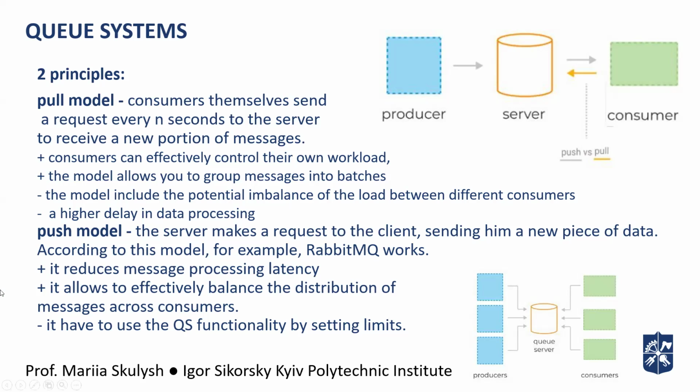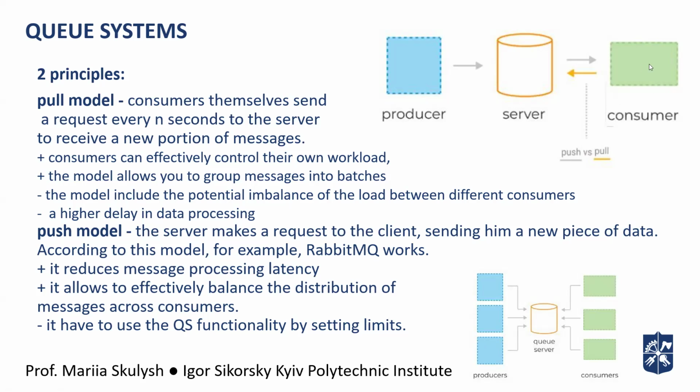The second kind of queuing system is the push model. You have a queue server, you have a group of producers, and you can have more than one consumer, even in this model.